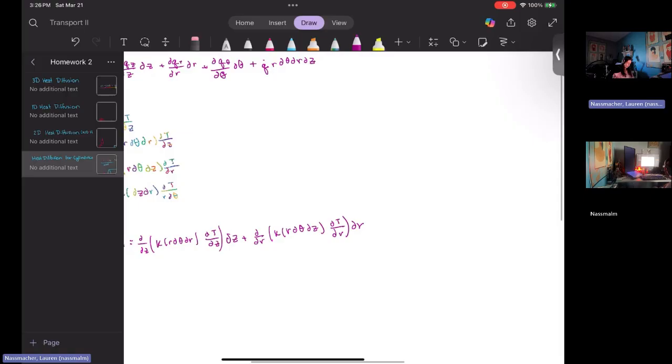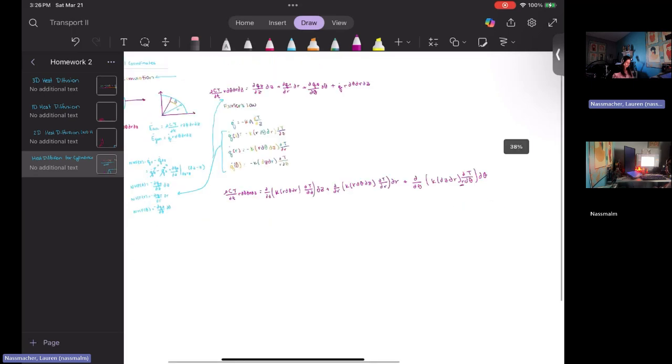And then for our theta, you have our change in theta, our thermal conductivity multiplied by our change in z direction and change in r direction, change in temperature over our radius multiplied by our change in theta. Very important that you remember that.